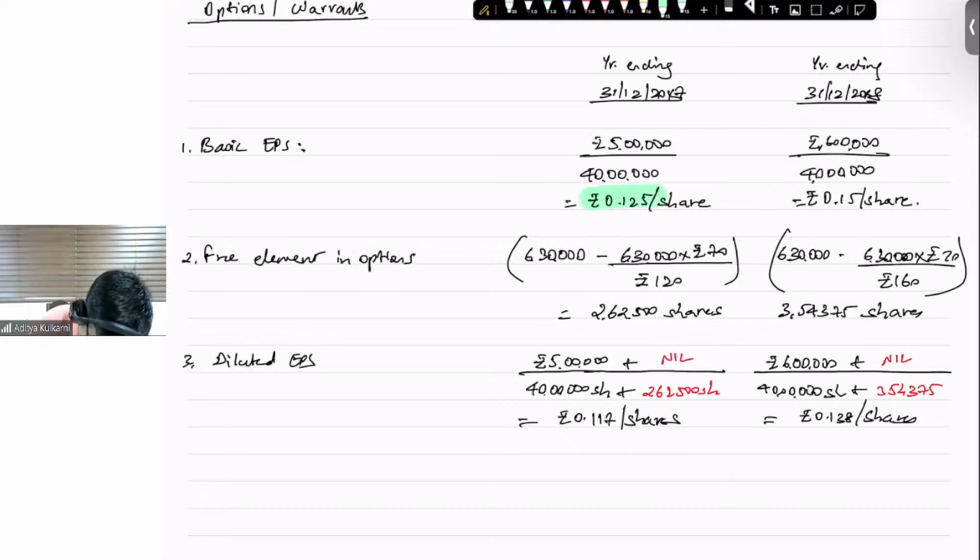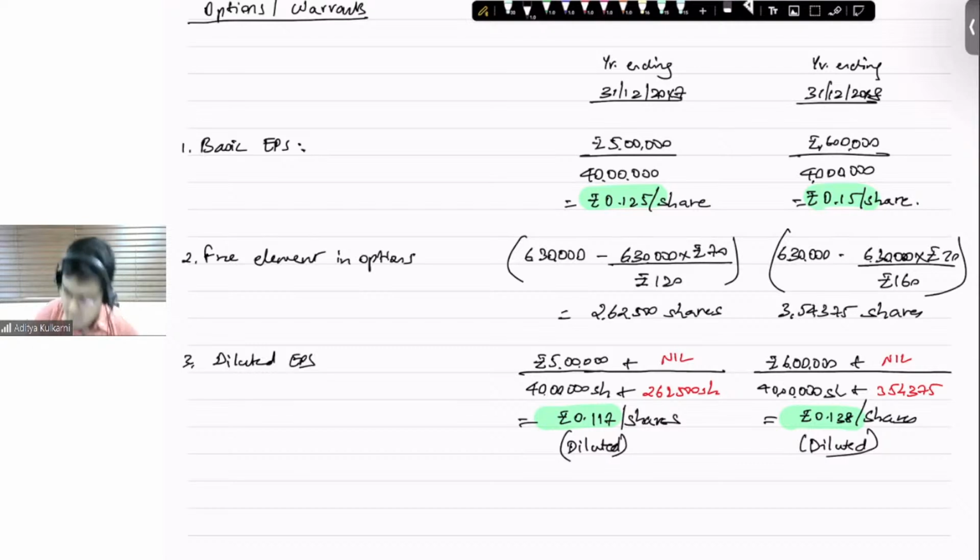Always compare diluted. Is it lower? Yes. Is it lower? Yes. So this becomes diluted.